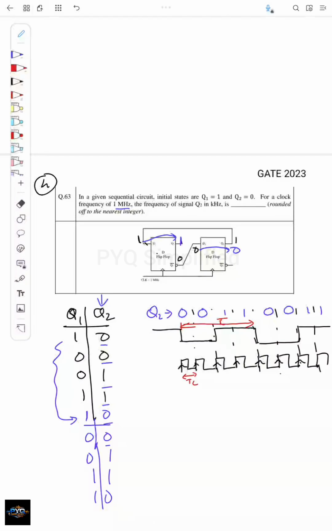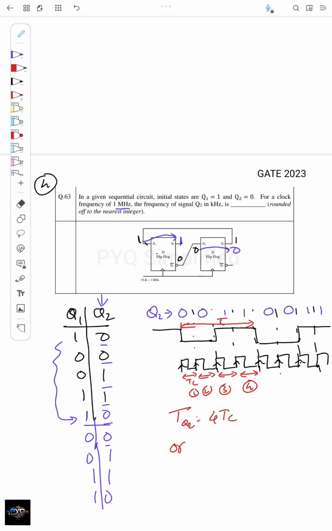This is the time period of the clock, TC. So how many clocks are required for the entire T? It is 1, 2, 3 and 4. So I require 4 clocks. So the total T of Q2 will be equal to 4 times TC.